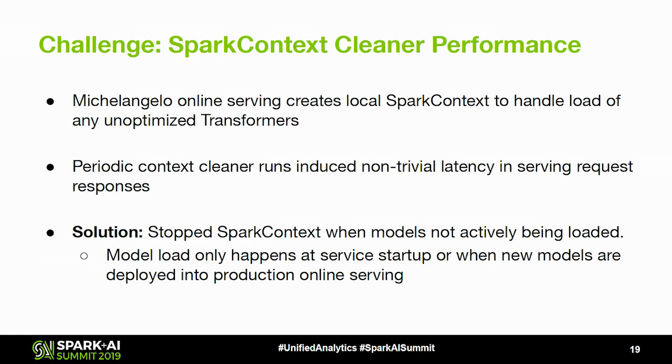And come to find out, that was the context cleaner running every 30 minutes to do the special Spark garbage collection. So the way we solved this is just to only run the SparkContext when we're loading models. So we just stop it when we're not loading models, and that solved that. I'm sure there's other ways to solve it, but I just wanted to mention that because I was a little surprised. We didn't think about it when we were first rolling this out, but we discovered it when we started testing at scale.